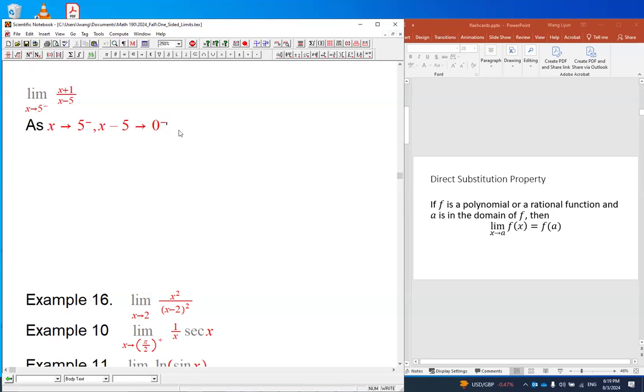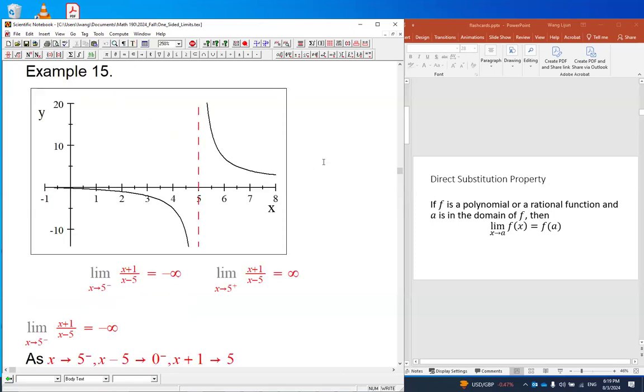The denominator is approaching 0, and the numerator, x plus 1, is approaching 6. So the numerator approaches a finite number, and the denominator approaches 0 from smaller than 0. And of course, the limit is going to be negative infinity.